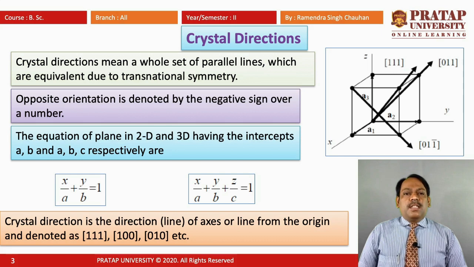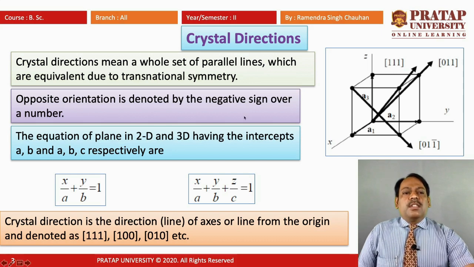So what are crystal directions? If we take any crystal, suppose this is a cubic crystal, we can represent this crystal by three vectors a1, a2, a3.